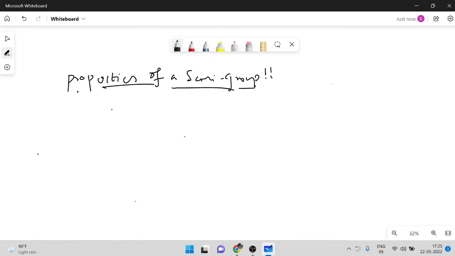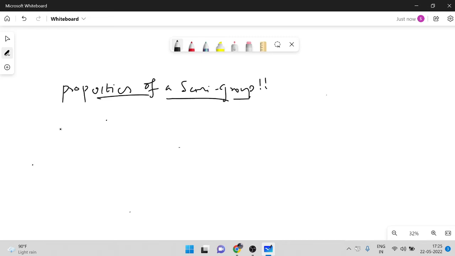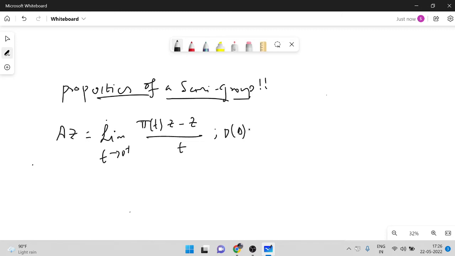So we define this as the infinitesimal generator of a C0 semigroup. It's just a term. So we basically get our operator A from e power At by this particular limit: limit t goes to 0 plus of T of t z minus z by t, where the domain of A is all such z in Z such that the limit exists.